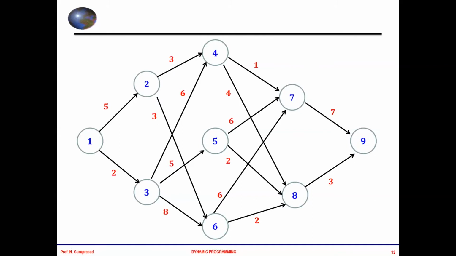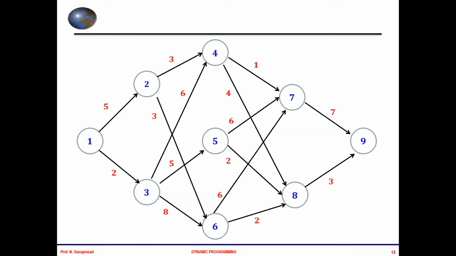Now, why this is called a multi-stage graph is that the entire graph is divided into different stages. Stages are, if you look at the extreme left side and try to draw a perpendicular line, the vertical line touching the vertex. So the first line that you draw from top to bottom is passing through vertex 1.